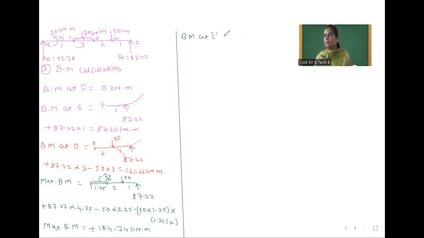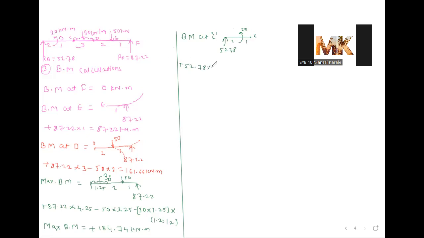So I will draw the figure here. Here 52.78. Here a couple is there, 20. And this is our C point. This is 1 meter distance and this is 2 meter. Tell me fast. 52.78 into 3. Okay.